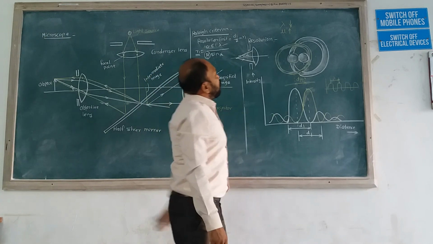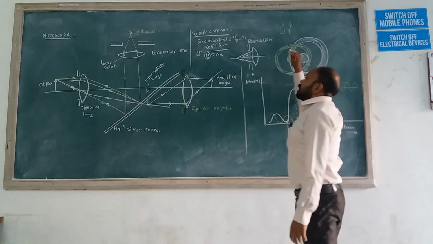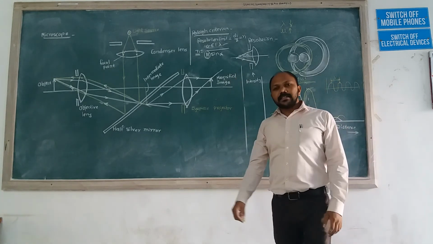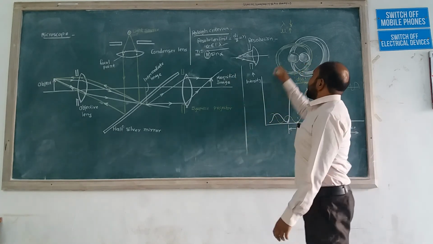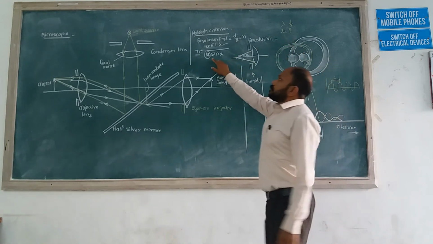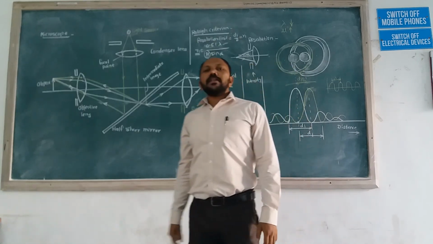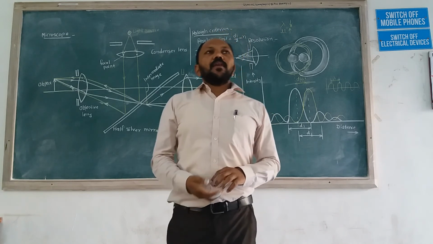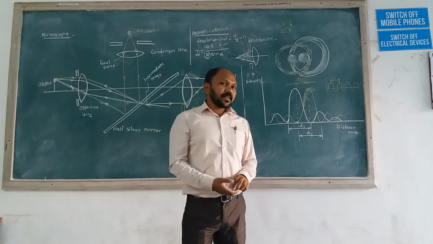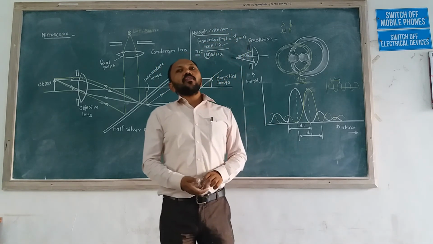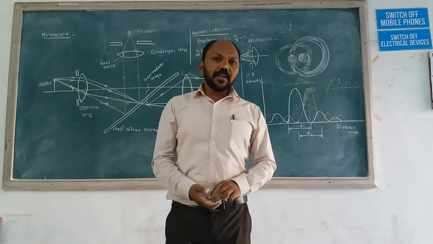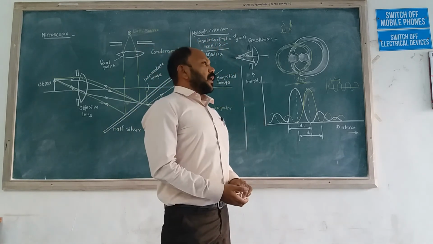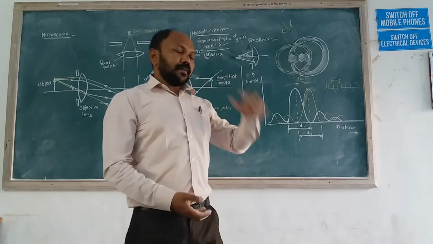So when mu increases, R1 decreases, and automatically resolution increases. Mu depends on the material we select for manufacturing the magnifying glass, so we select a mu value which is higher.